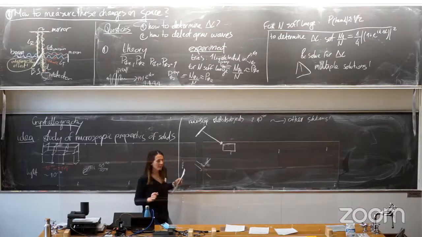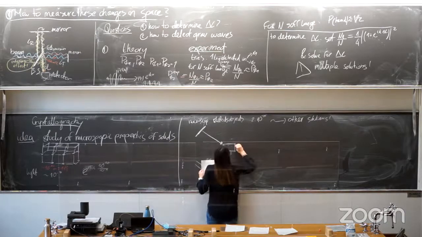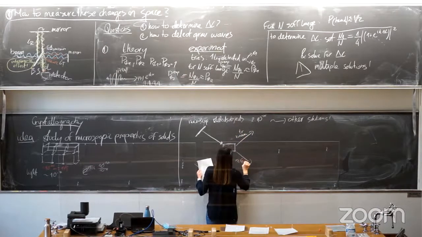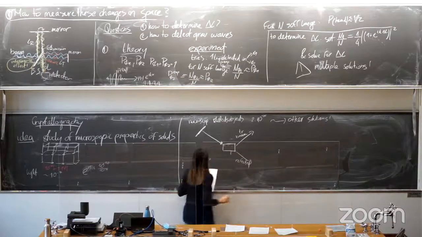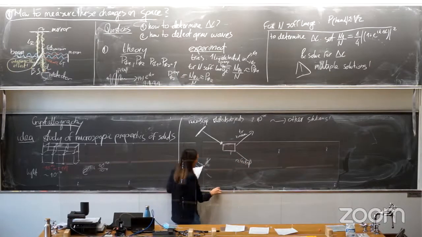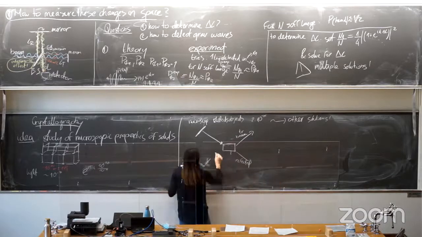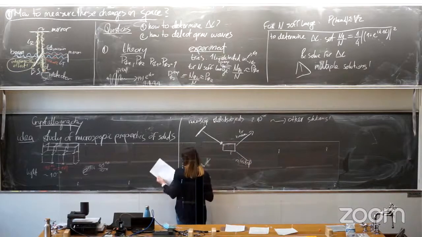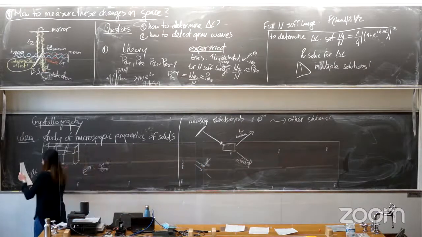Therefore, we expect a transmitted beam and a reflected one. And this we don't care about. We just forget it, or I mean, it's there, but it doesn't give us any indication.